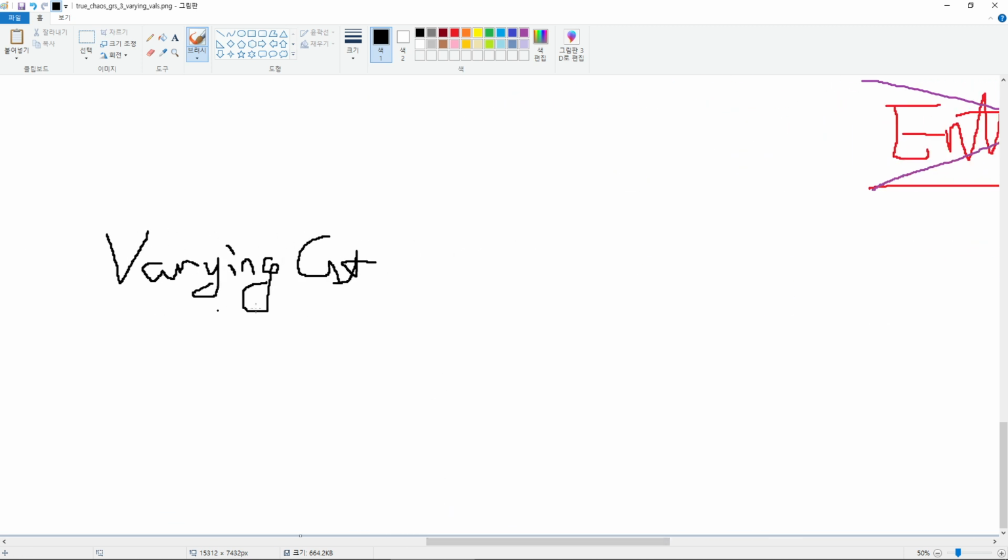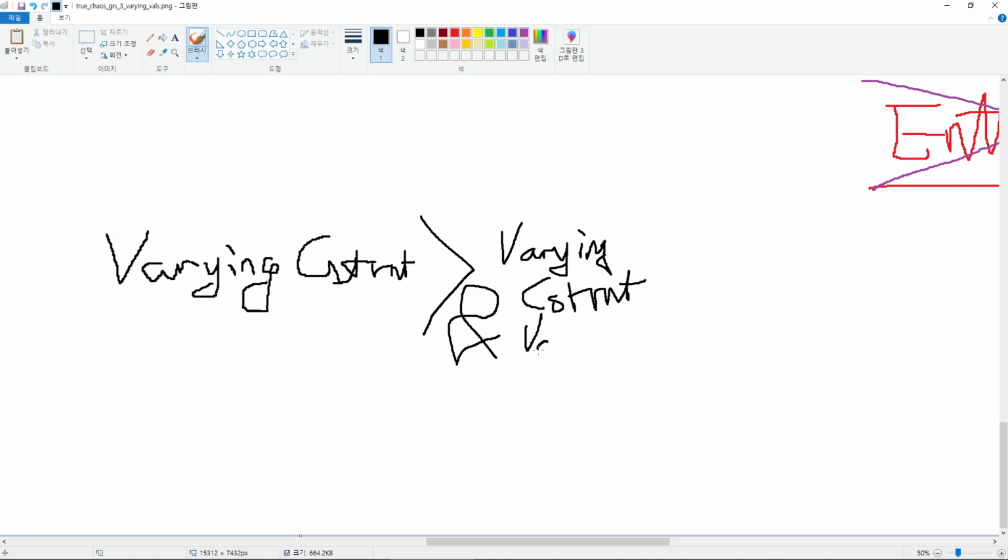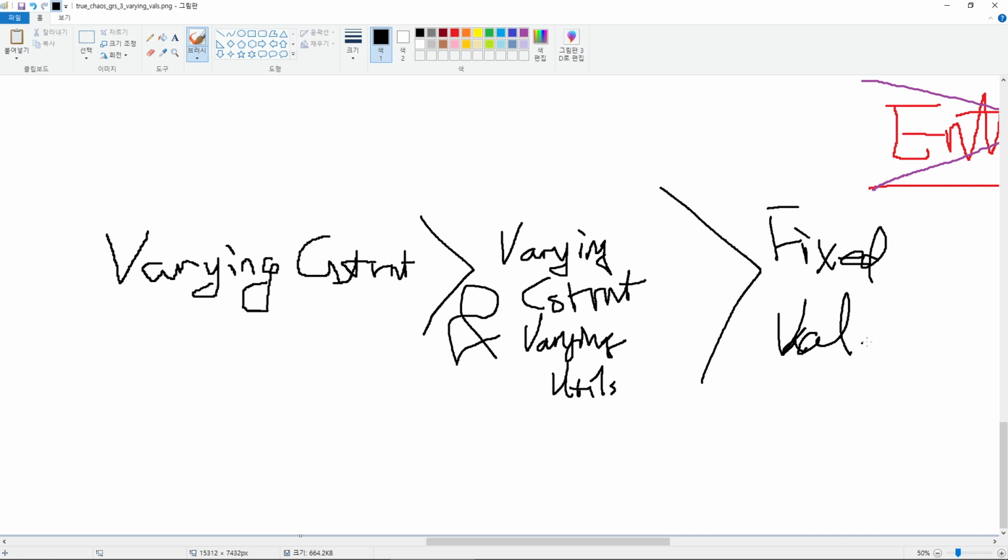So when using varying constraint values might be better than using varying constraint values and varying utility values, and this might still be better than using fixed values when it comes to doing true chaotic.